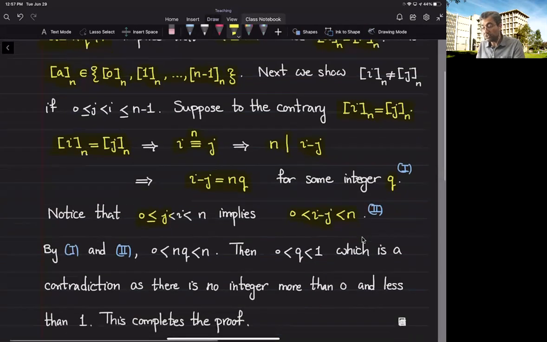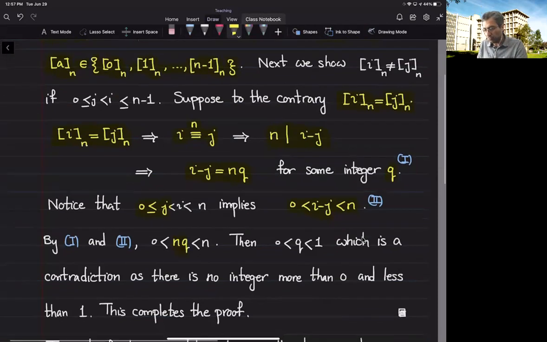Okay, so i minus j is a positive integer strictly less than n that happens to be a multiple of n. But how can that be? Let's pay attention, and this is exactly the contradiction that we were looking for. i minus j is nq, is positive, and at the same time is strictly less than n.